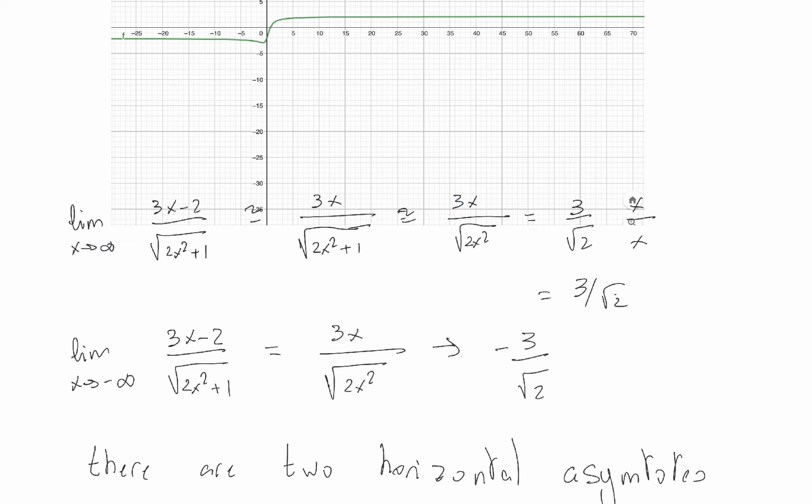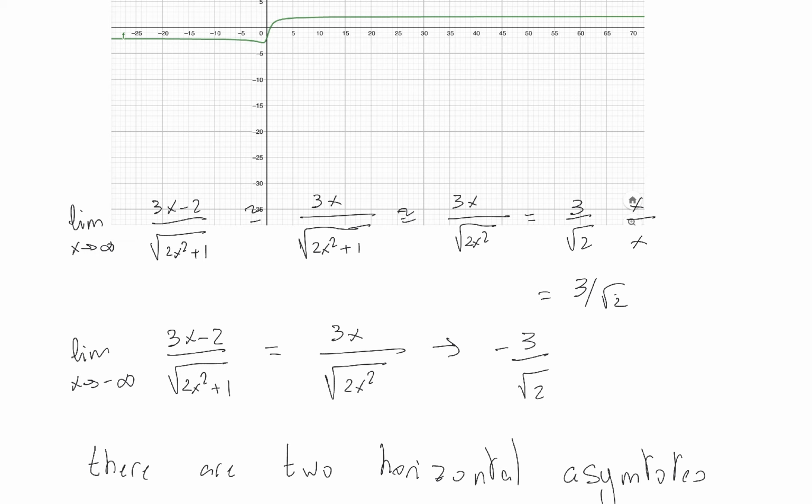Now, if I divide by x in the numerator and by x in the denominator, I have not altered the fraction. So x divided by x will be 1, and in the denominator, if I put the x inside the square root, I have to put it as x squared, so it will be 1. So it will be 3 divided by the square root of 2.